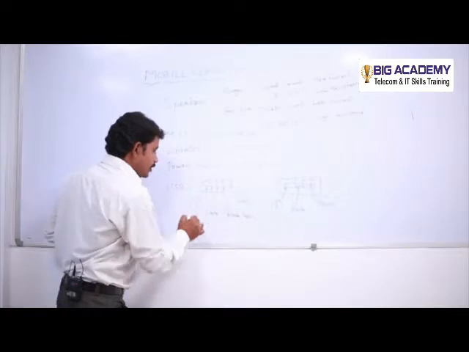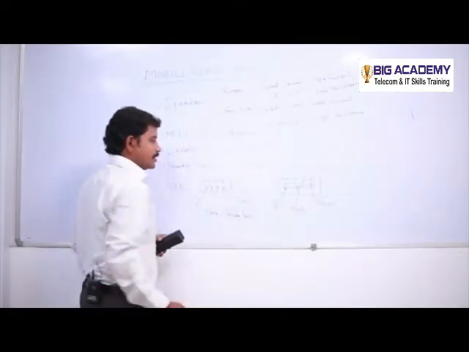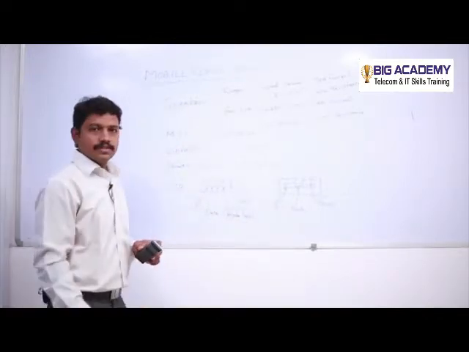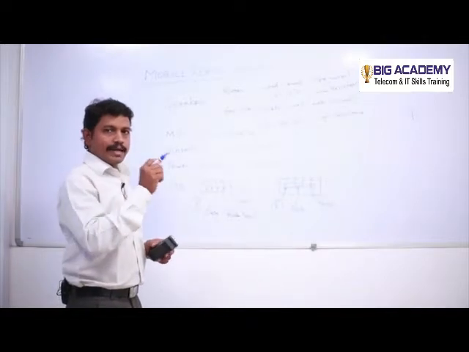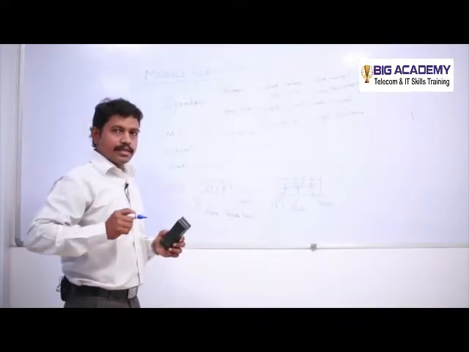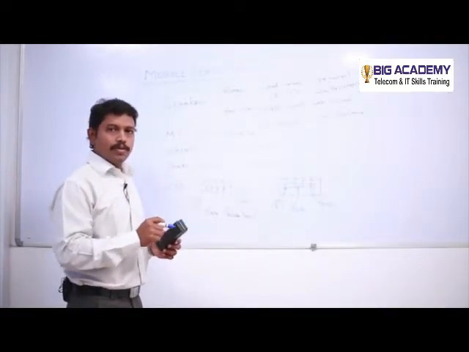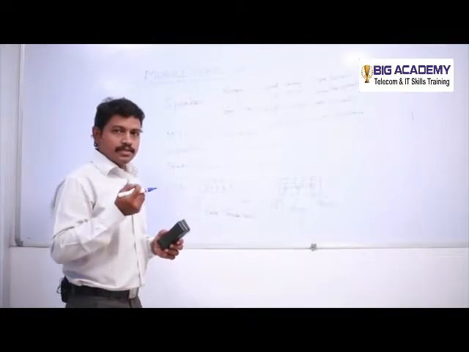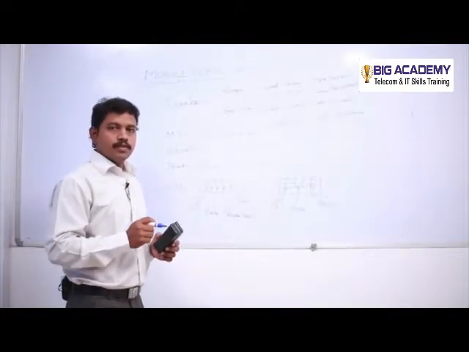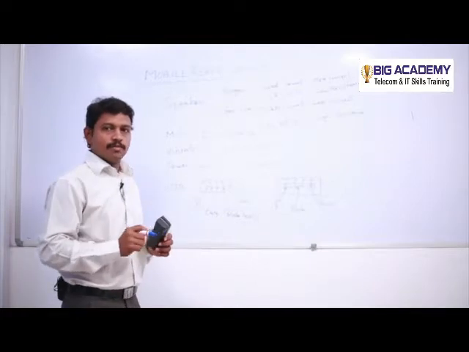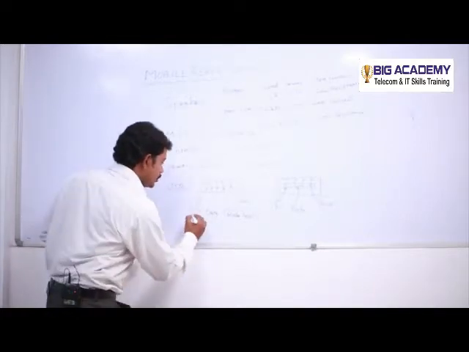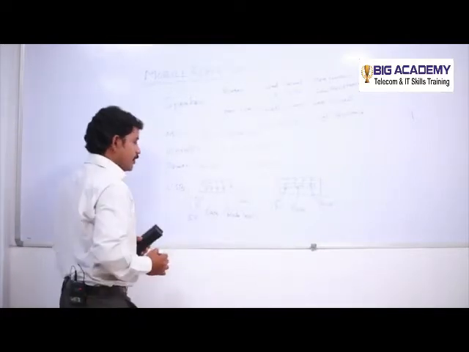So, what will you get if you check the voltage in both the pins? If you connect the adapter and connect the adapter pin to the mobile phone, it should give some voltage to the device, the mobile phone. That voltage should be 5 volt.